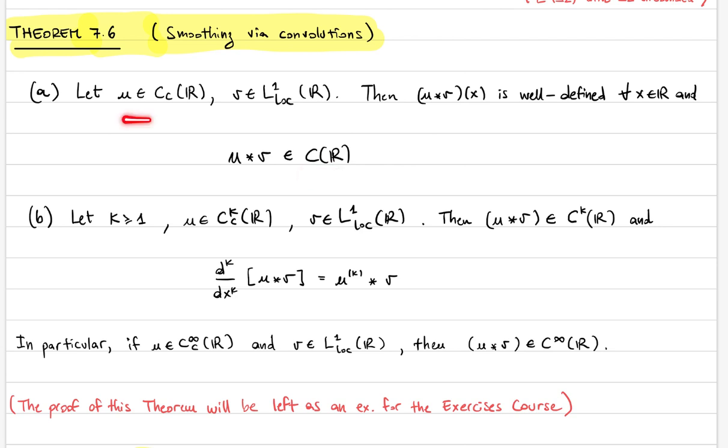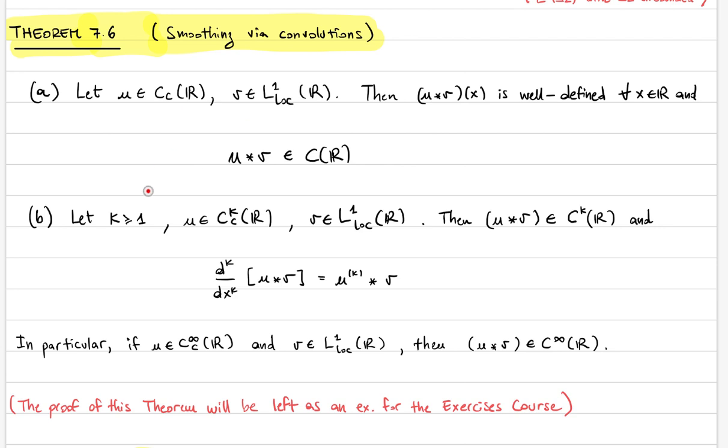So u continuous and v L1 loc, and the convolution is continuous. It looks like the convolution is taking the regularity from u, where v is not regular at all. This is just a measurable function with finite integral, and instead this is telling you that if you convolve this function with something more regular, you get the same regularity.